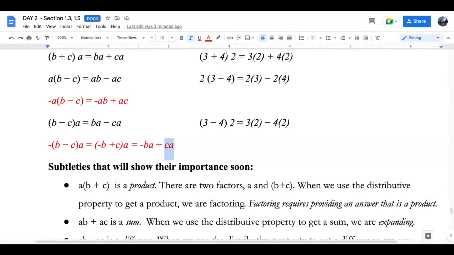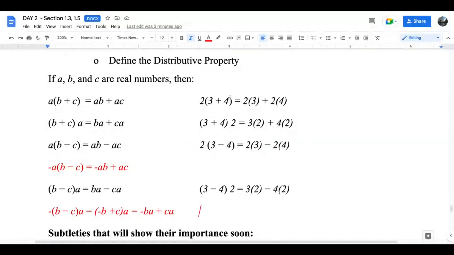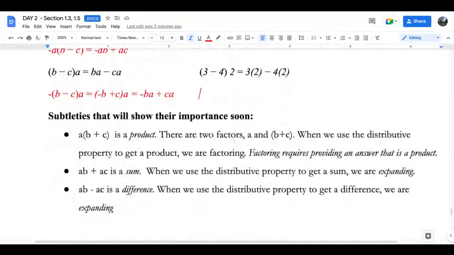A times C, this is CA. Any questions? Okay. So the numbers you may look through yourself, the same way.